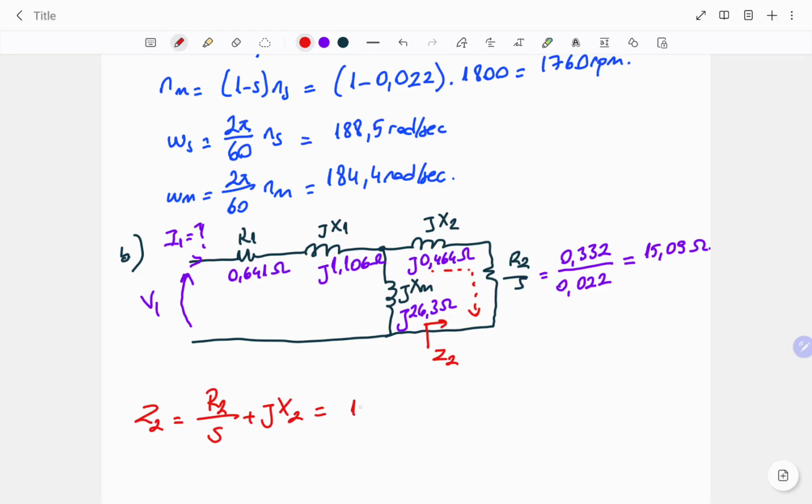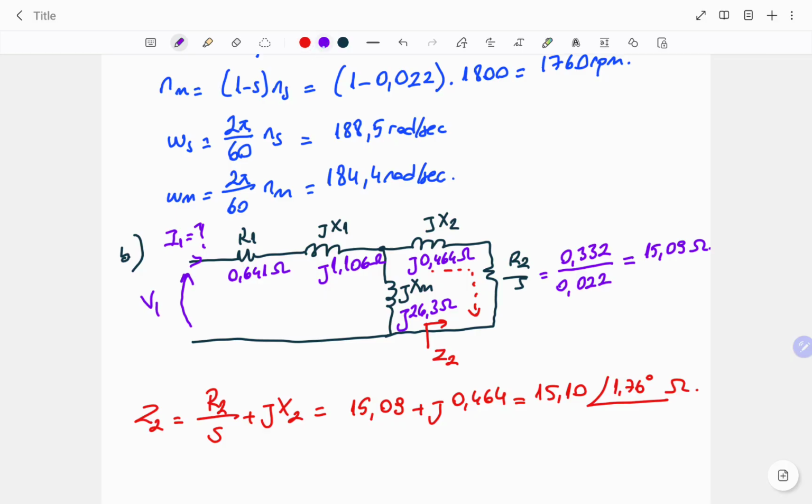And it will be 15.09 plus j0.464. Or we can also write it in polar form, 15.10 with 1.76 degree, which will be the impedance of the right side.